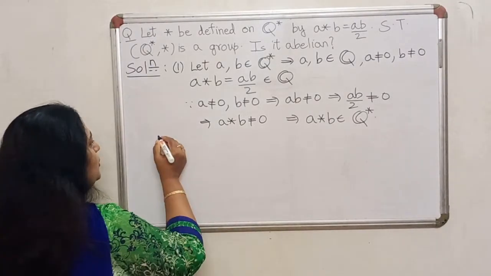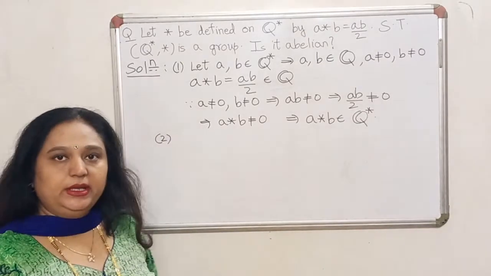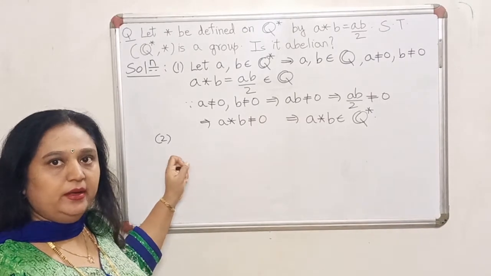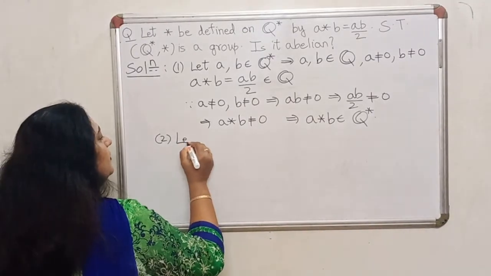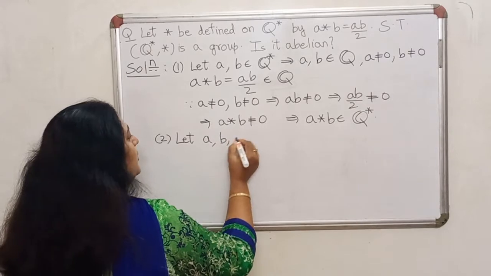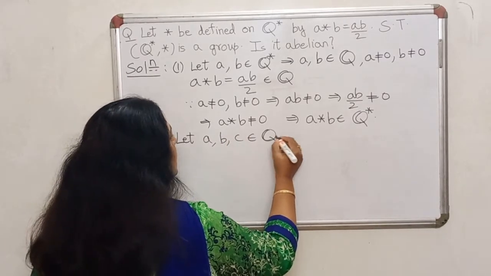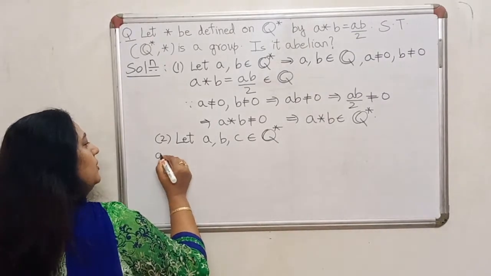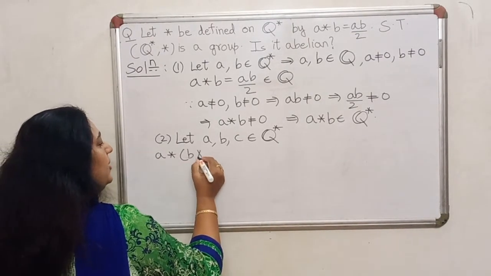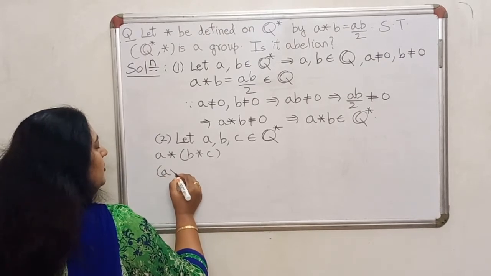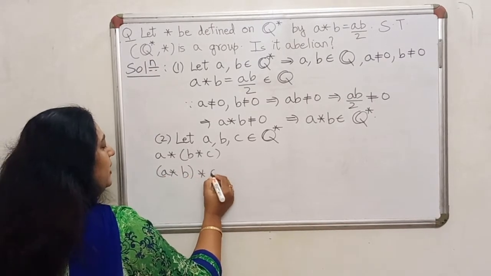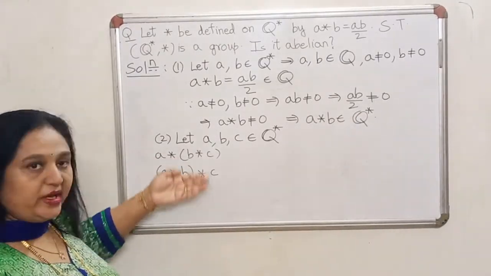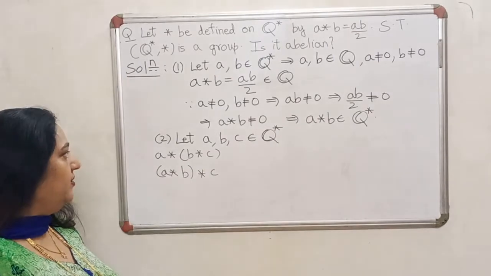Let us now move on to the associative property. Please keep in mind that for the associative property, we will require 3 elements. So accordingly, we begin with 3 elements in the given set, and we will separately compute A star bracket B star C, and let's put the brackets for A and B first and then star with C. So let's compute these 2 expressions separately and see what exactly we get.